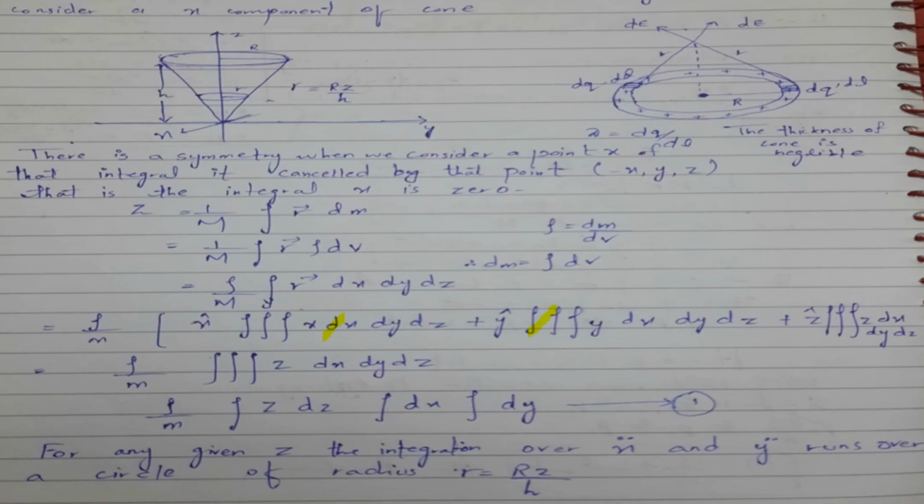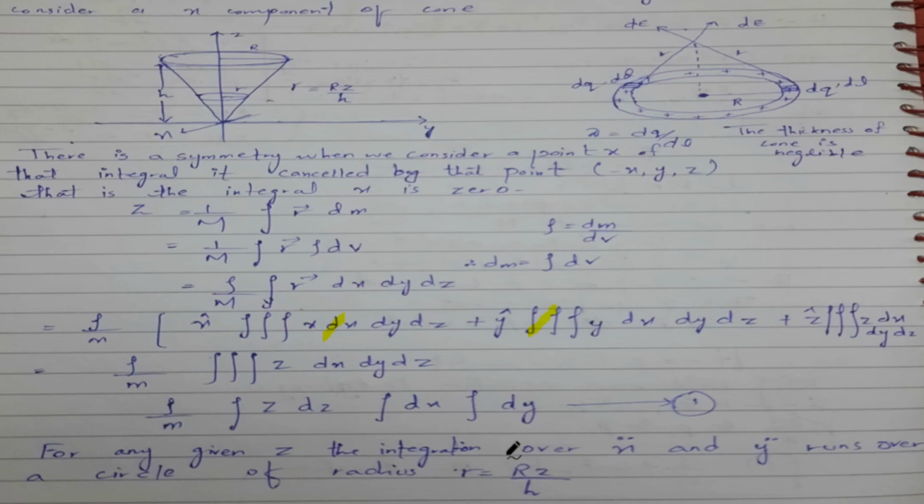Now we have to integrate individually, and after integrating, for any given z we get the double integration of these terms. After integrating, you will get the value of the area. Then you have to find the volume, and after that you will get the center of mass of the cone.